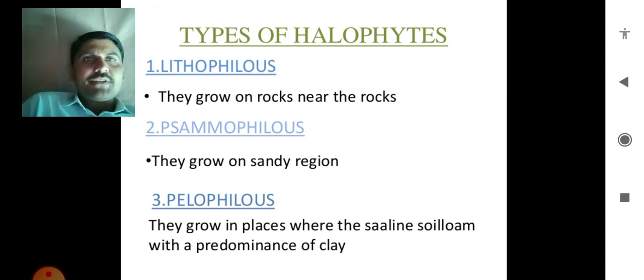Types of halophytes: lithophilous, psammophilous, and paleophilous. Lithophilous halophytes grow on or near rocks. Psammophilous halophytes grow in sandy regions, and paleophilous halophytes grow in places with saline soil with a predominance of clay.